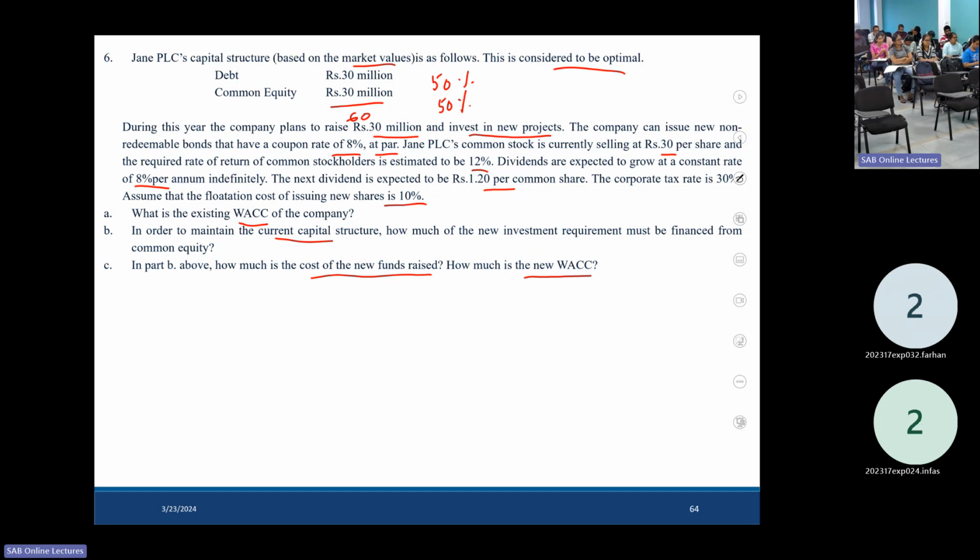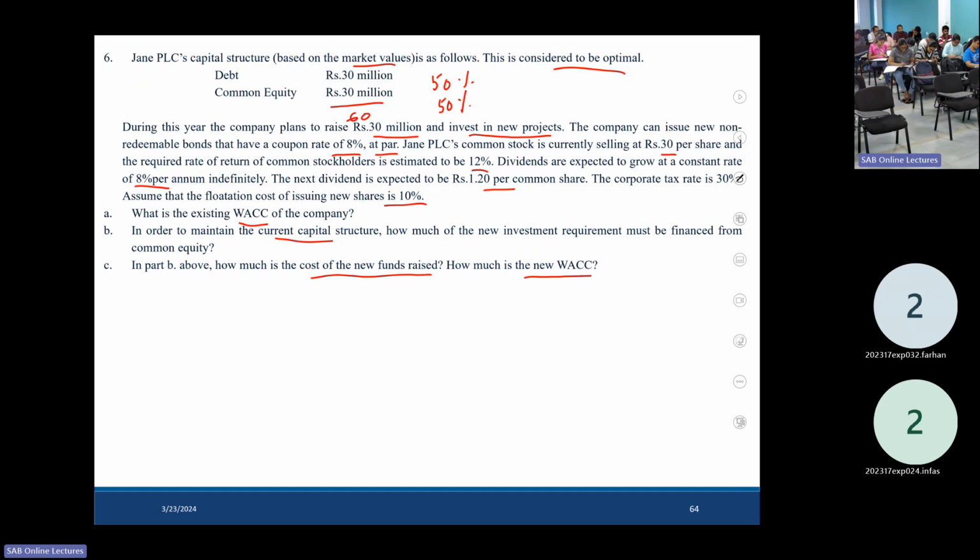So this is the hint given for the cost of debt identification. There is no calculation. Just take this information, this 8%, as the cost of debt. Coupon rate 8% is for the new bond issue. If you are going to do a new non-redeemable bond issue, the appropriate coupon rate is 8%.